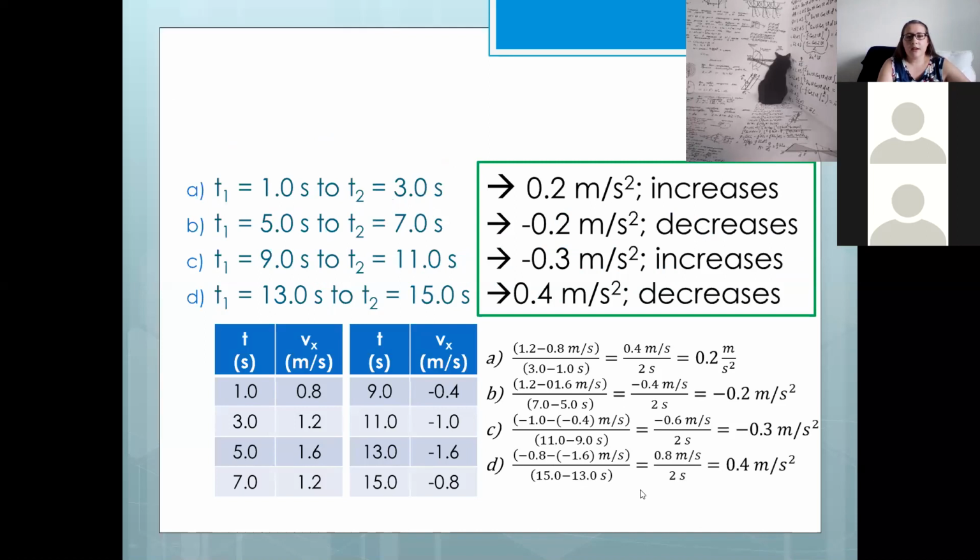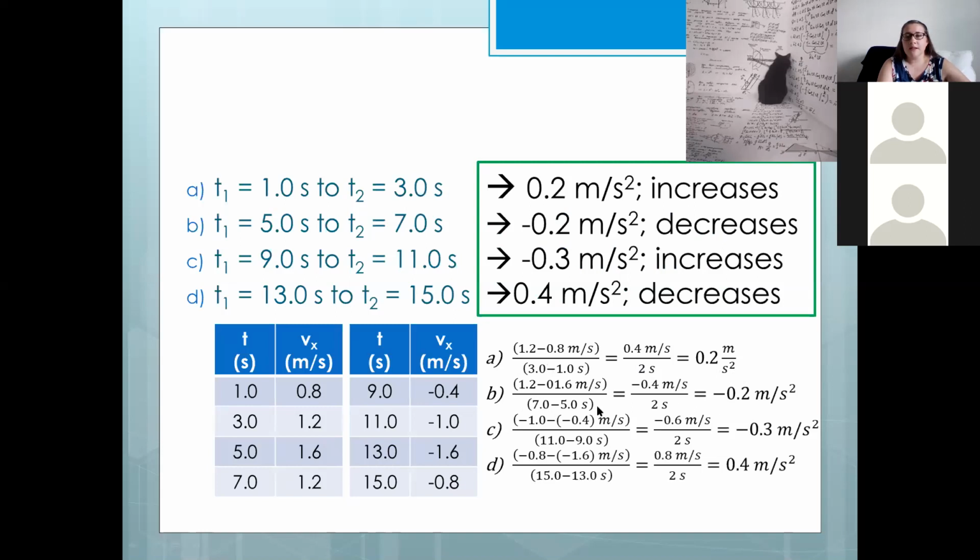So remember, acceleration is your change in velocity over change in time. So that would give you 1.2 minus 0.8 divided by 3 minus 1. So 0.4 divided by 2, which is 0.2 meters per second squared.